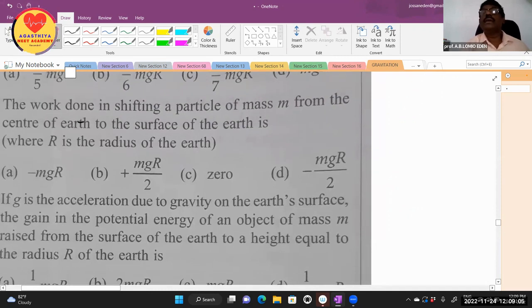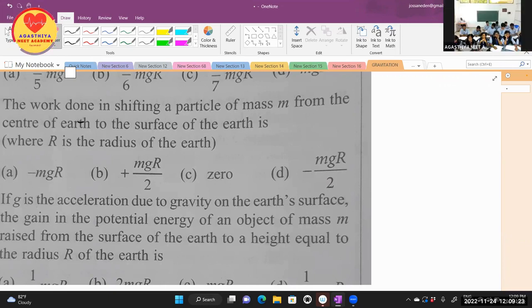The work done in shifting the particle of mass m from the center of the earth to the surface of the earth is, what is that?